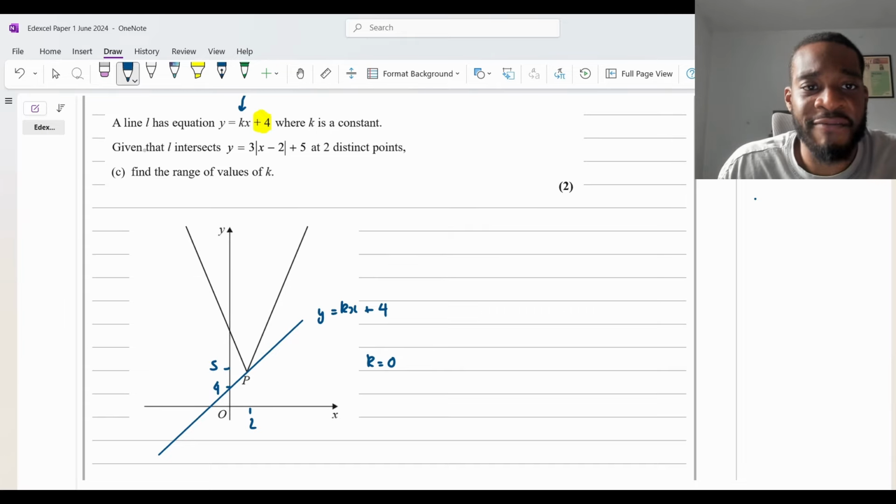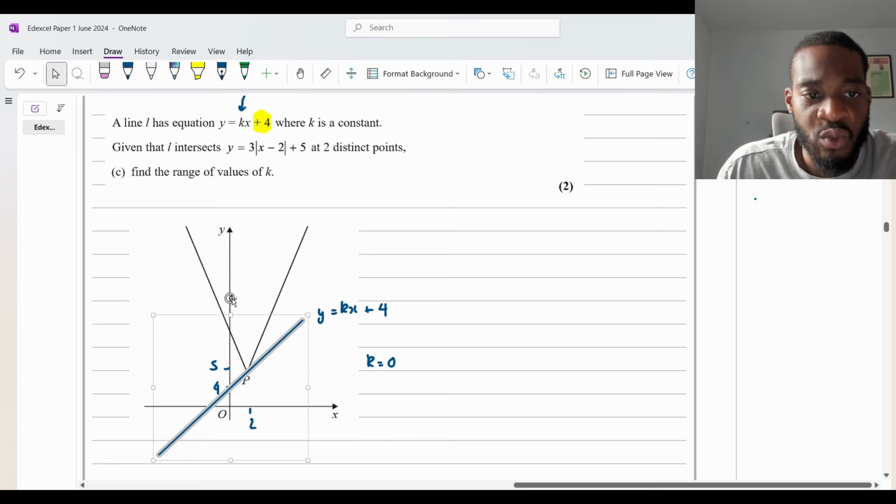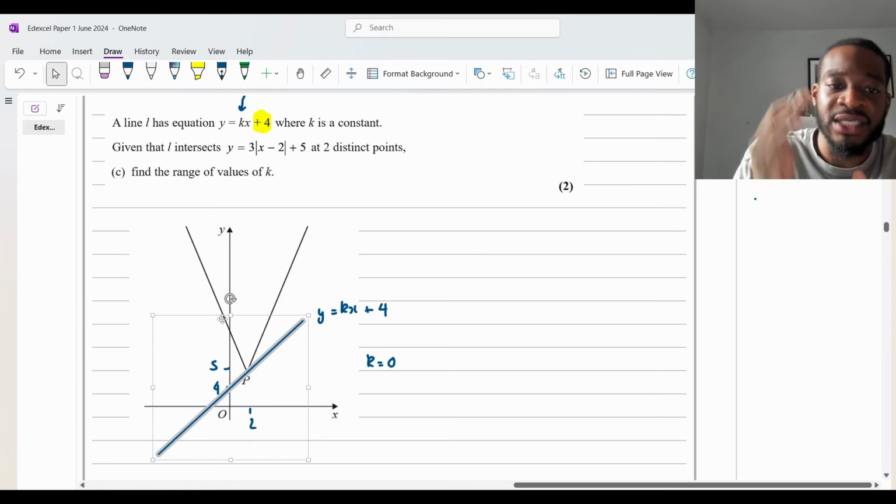Now, what will happen if I increase that gradient? Let's increase it a bit. We can see that it's going to cut twice now, right? Remember, it cuts once at the vertex. If I increase the gradient by going that way, it's cutting it twice, right? So what I want to do is figure out what that minimum value of k must be, where it cuts the graph once, because anything above that, it will be cutting twice.